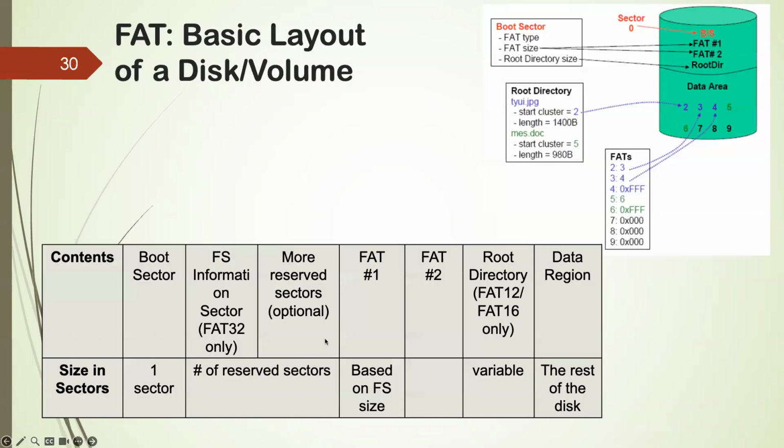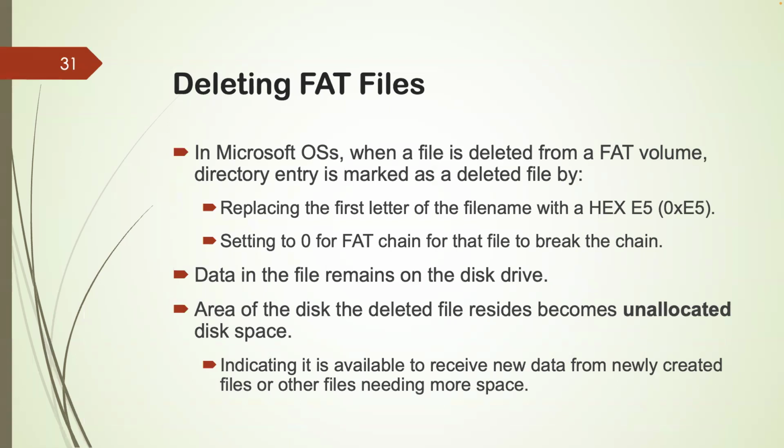Then you have some reserved sectors for file allocation or file system information. Then you have two FAT tables, two mirror copies, the same copies, just for redundancy, so that if one of them gets corrupted, the other will be available. And then you have the data region, which contains which sectors are available for writing the data. So you can have that information stored there.